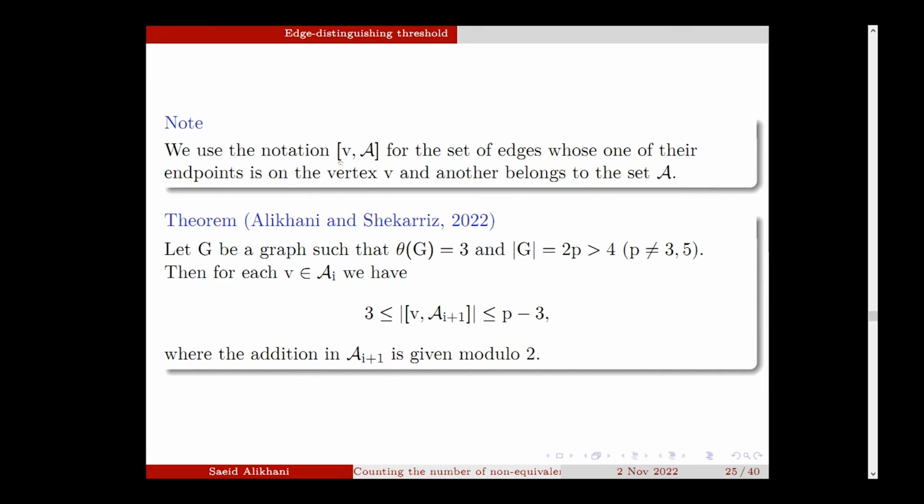For example, we use this notation, bracket V and set A, for the set of edges one of whose endpoints is the vertex V and the other belongs to the set A. And this theorem says, if G is a graph with theta equal to 3, and note that I said before that if theta is 3, then the order of the graph is 3, or the number of vertices is 2p, p a prime number which is not 3 and 5.